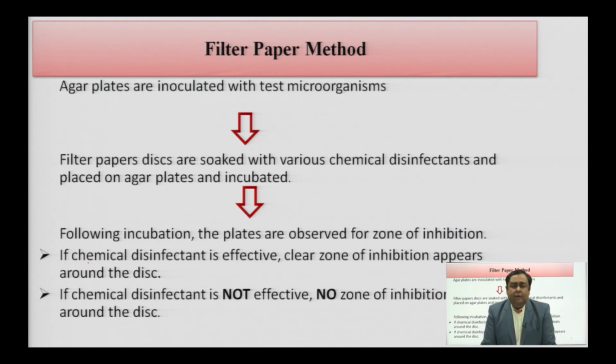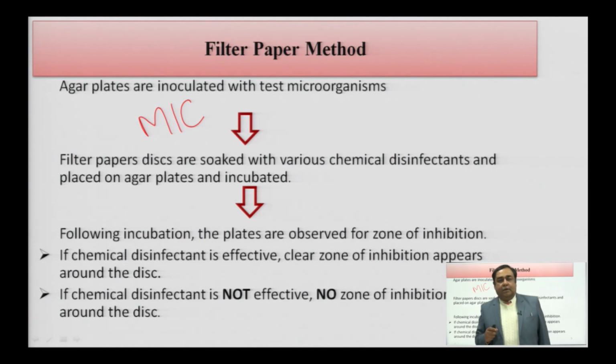You will find that at a particular concentration, suddenly the zone of inhibition starts, and that concentration from which the zone of inhibition just starts is known as MIC. MIC is nothing but minimum inhibitory concentration.